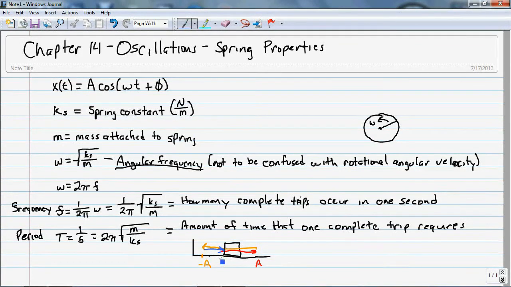That's how we would define a complete trip. One oscillation.